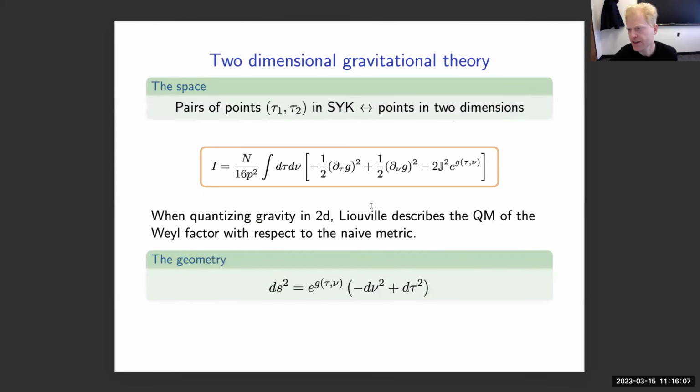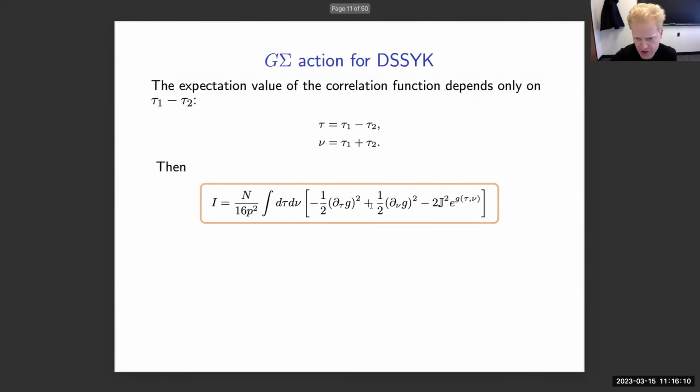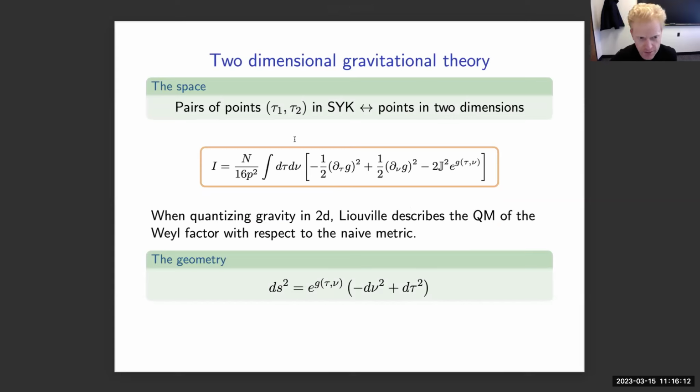Now, the geometrical interpretation that I would like to describe is essentially a two-dimensional space. Instead of SYK, which is a one-dimensional theory, for every 2 points in SYK we can associate 1 point in 2 dimensions. So this space is two-dimensional. Moreover, we know that when we quantize gravity in 2 dimensions, we get the Liouville theory that describes the quantum mechanics of the Weyl factor.